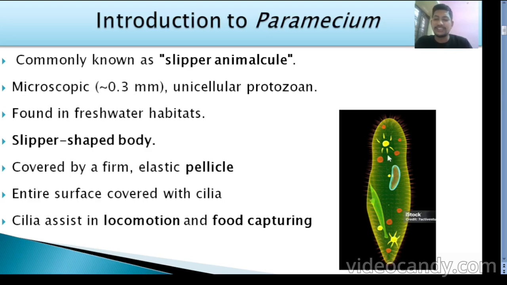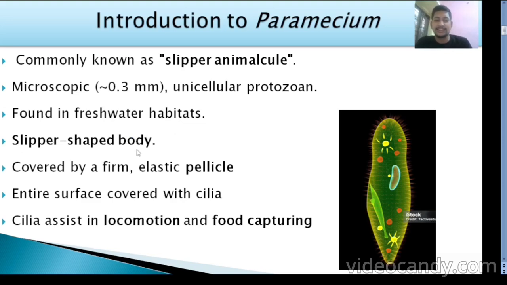It is made up of a single cell, and you cannot see the paramecium with the naked eye. The size is about 0.3 millimeter, and it is found in freshwater habitats like lakes, rivers, ponds, pools, etc.